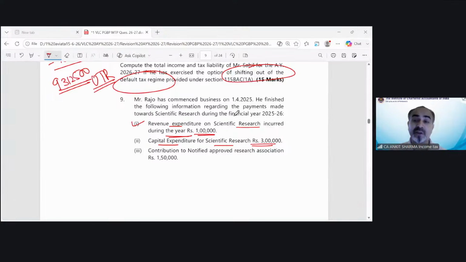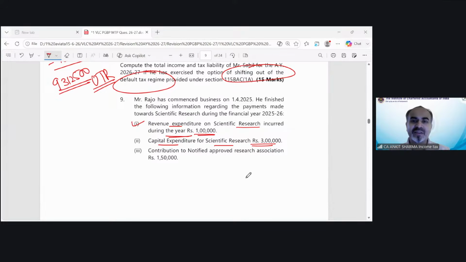Nikita is saying 1/5 will be allowed. Where have we taught that 1/5 is allowed? When did we study that in scientific research? In preliminary expenditure it could be possible, not in scientific research. Dhanlakshmi is saying not allowed. Why not allowed? Except land, all capital expenditure is allowed. Correct.